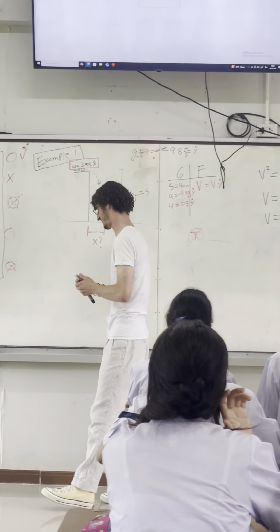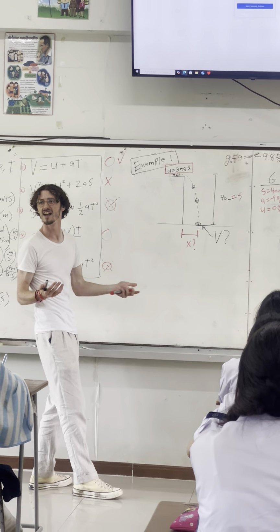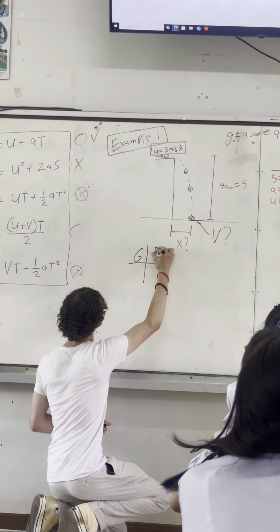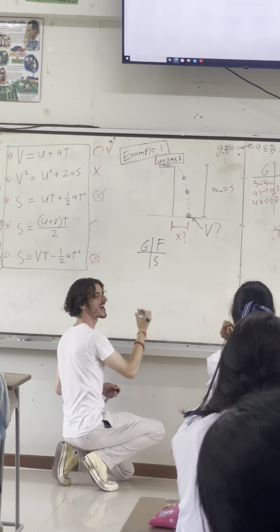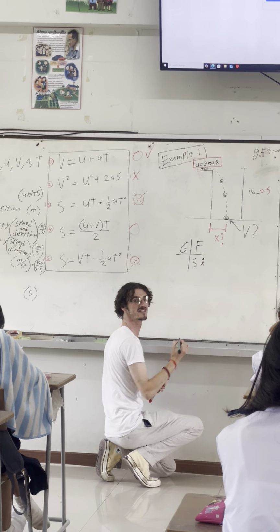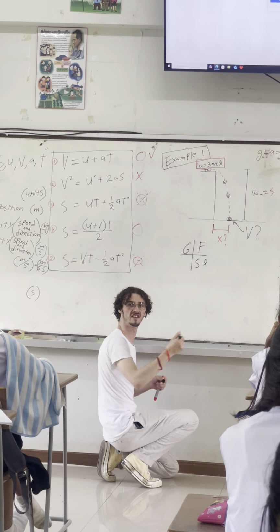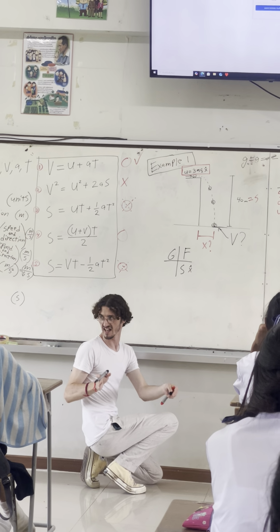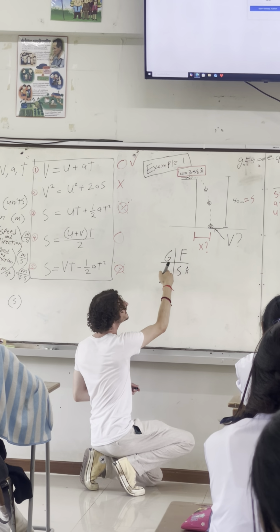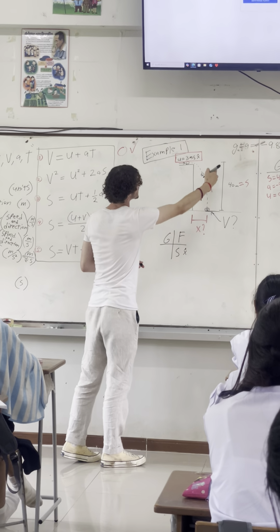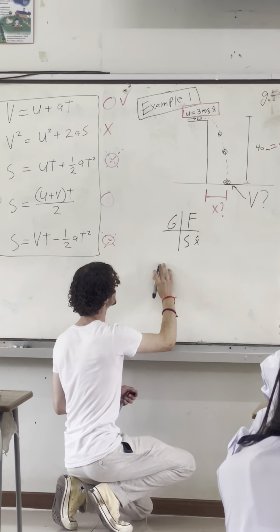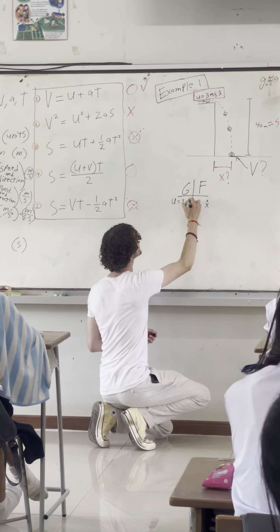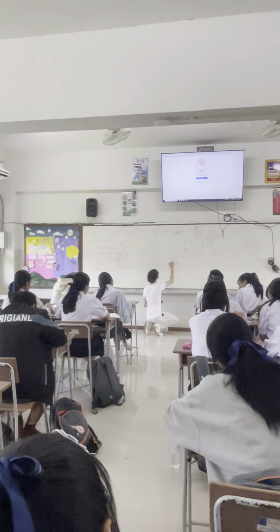This question is the same as the other question. So first, given and find. We want to know S in the x direction. Position in the x direction, how much distance, displacement in the x direction. In the x direction, we know that our U is 3 meters per second.